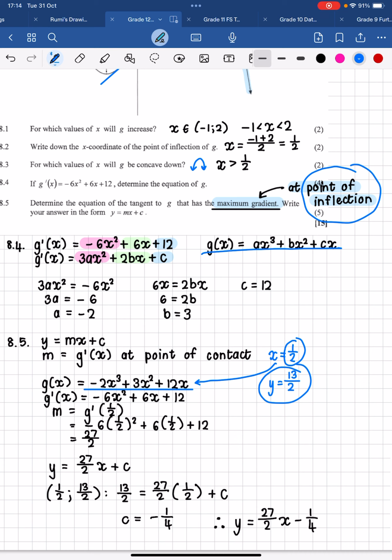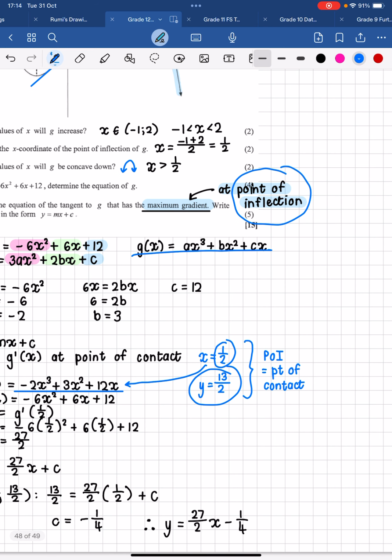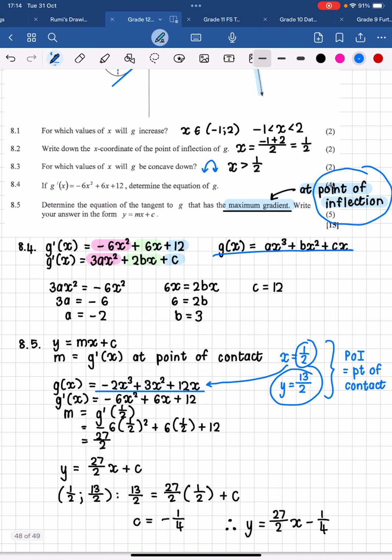So that is where I got the y value from. Now this is my point of inflection, POI, which in this case is the point of contact. Whenever you are finding the equation of a tangent, you always have to sub in the point of contact, guys. How did I find 13 over 2? By subbing a half into the equation of the function.